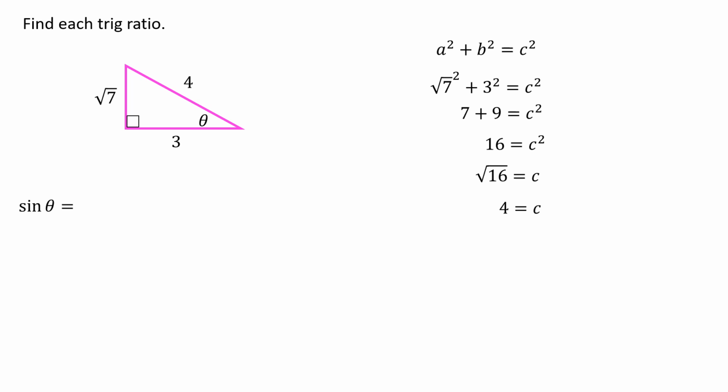So sine of theta will be root 7 over 4. Cosine of theta will be 3 over 4. Tangent of angle theta, root 7 over 3. Right, so sometimes we're missing one of the sides of the triangle, and we have to use the Pythagorean theorem.